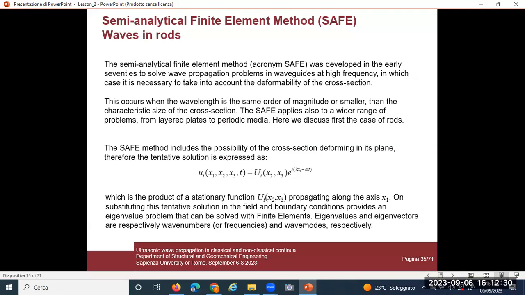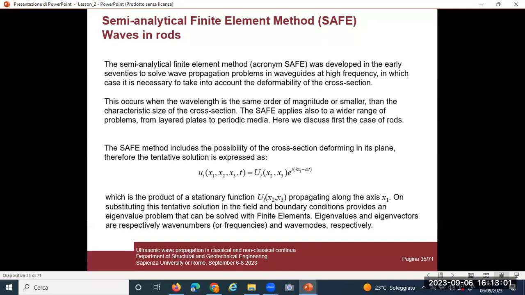Here it is explained for the case of waves in rods, but it can basically be applied to any kind of problem, also for a layered plate, for instance. It just depends on the kind of solution and on the dimension of the domain you want to explore.